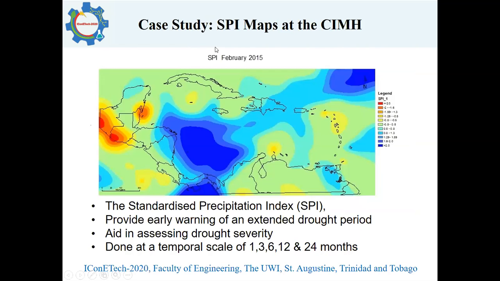To implement this, we looked at the CIMH map production process for the SPI maps. And these were standardized precipitation index maps that are used to provide early warning systems for droughts. And this was done at different temporal scales.